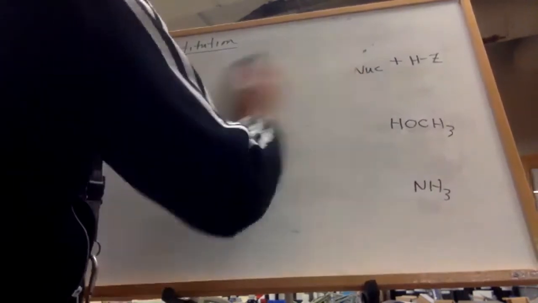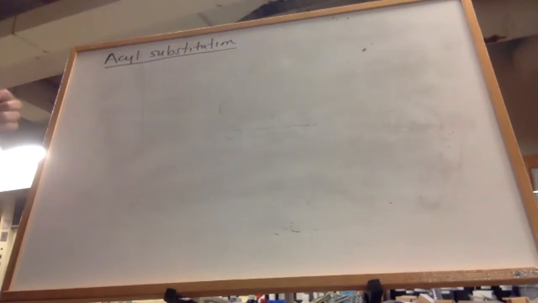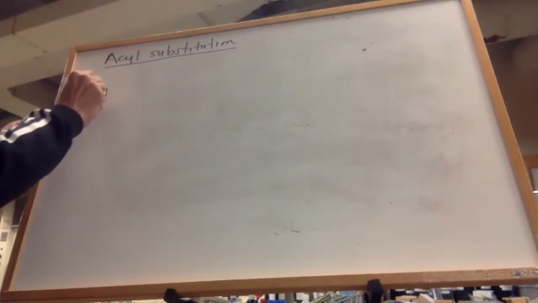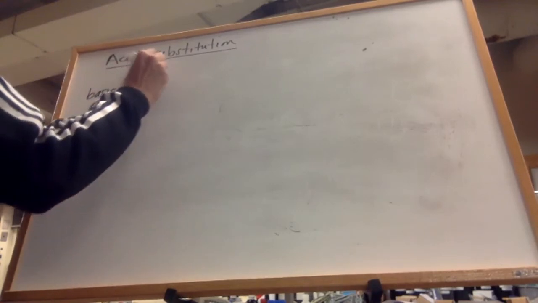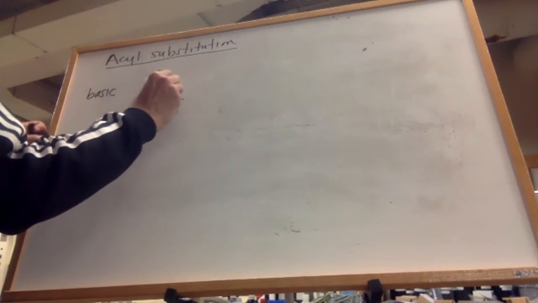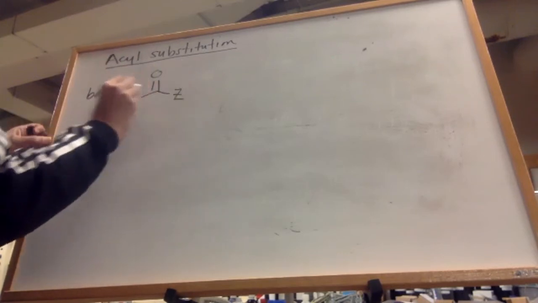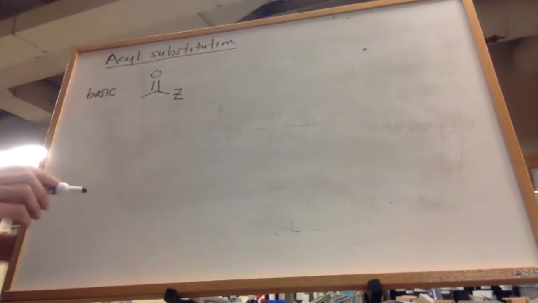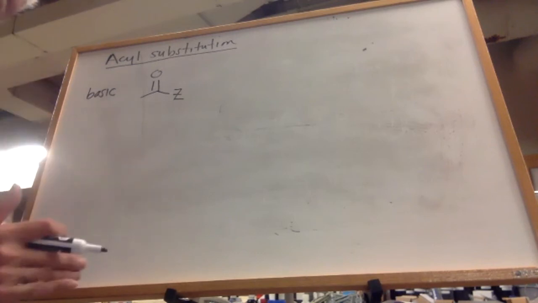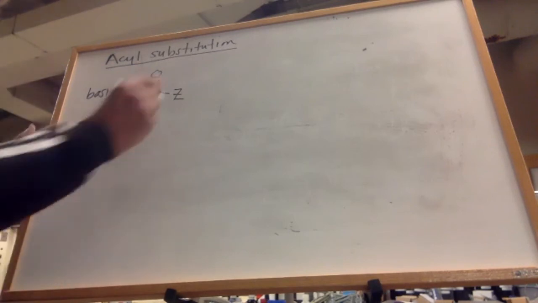All right, so we only have time to talk about the overall reaction in base, and next time we'll continue talking about acyl substitution. Okay, under basic conditions, once again, we have the acyl derivative. The thing that's not carbon and not hydrogen, and that's the electrophile. And now the nucleophile, under basic conditions, is nearly always going to be negatively charged.